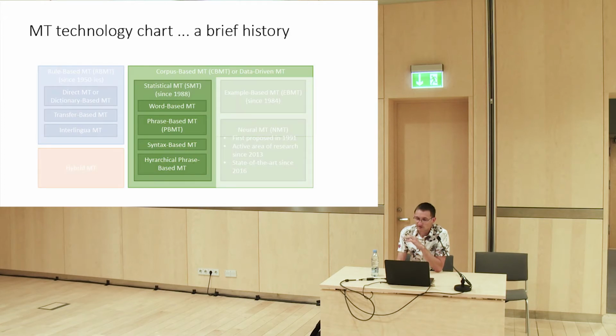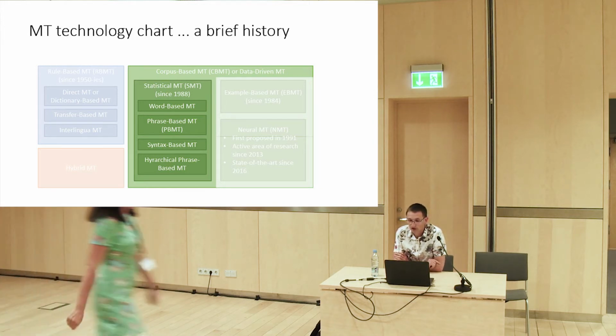So the next type of methods that were proposed were statistical machine translation methods. There are various subtypes for statistical machine translation: word-based machine translation, phrase-based machine translation, syntax-based machine translation, and hierarchical phrase-based machine translation.